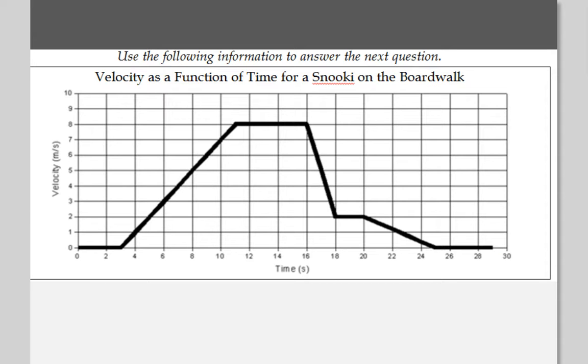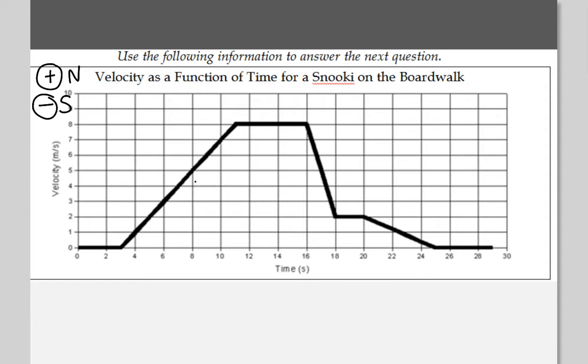Okay, let's answer these bullets. During what time intervals, if any, is Snooki accelerating north towards the beach bar? So accelerating north, let's put a scale on here for ourselves. Positive will be north and negative will be south. It doesn't look like we have any negative velocities.